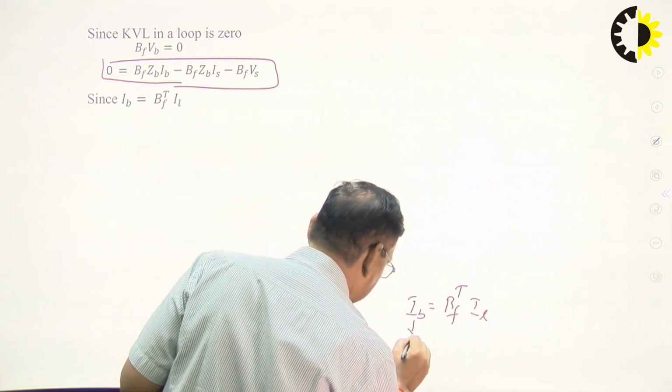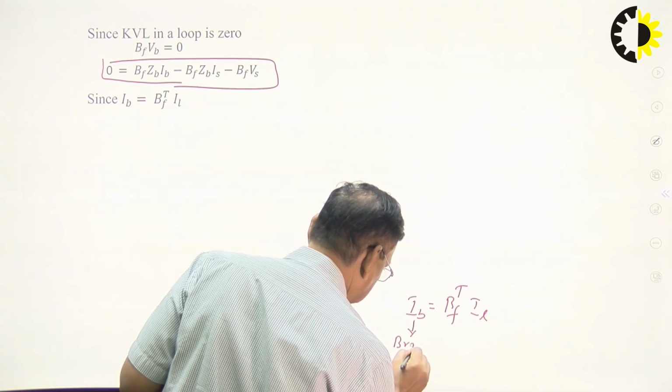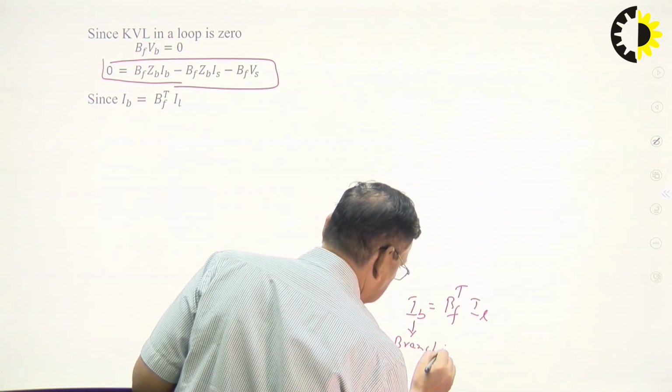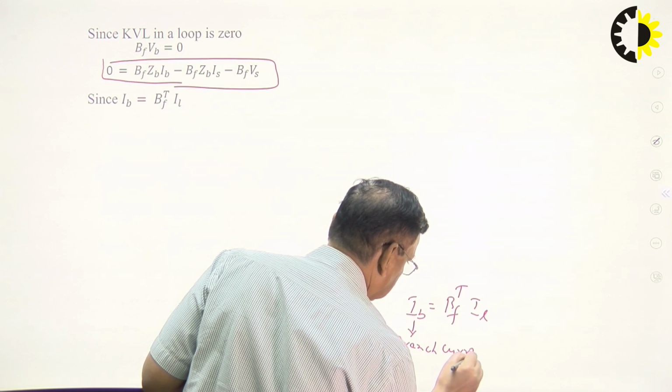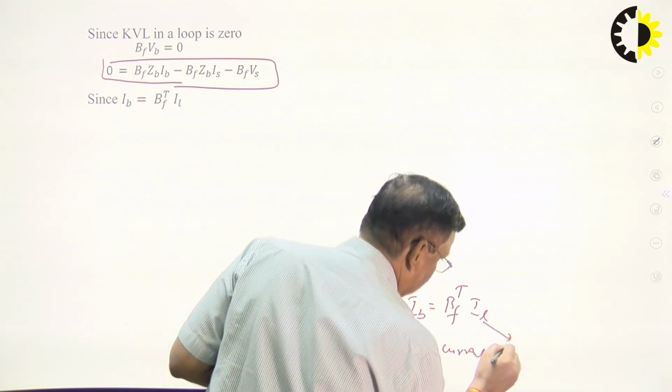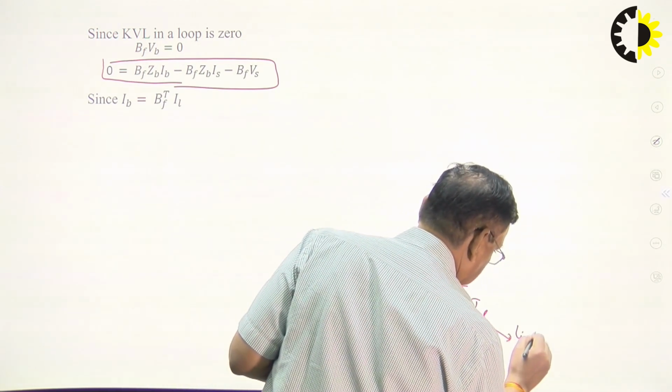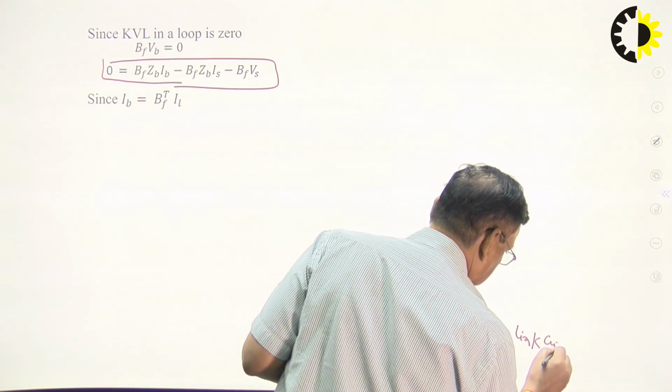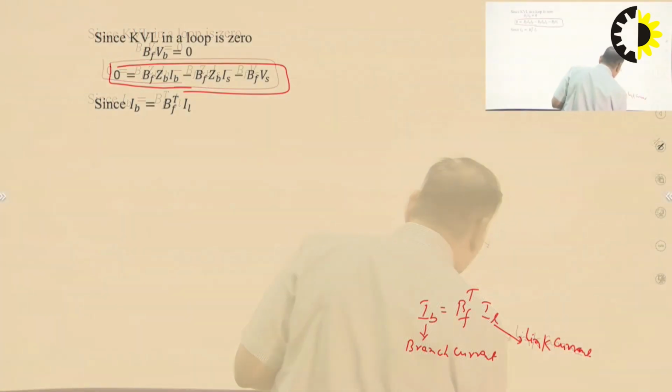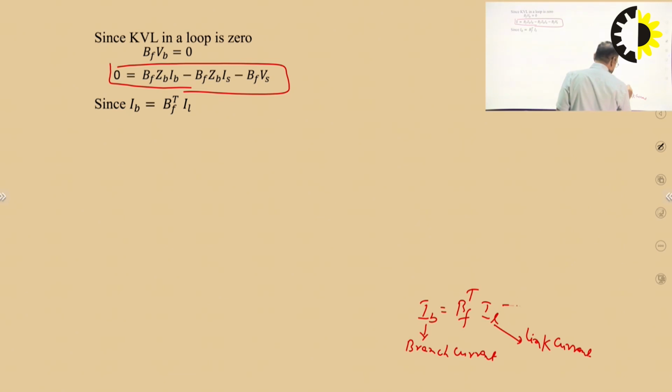This is the branch current, and this is your loop current, the relationship between branch current and link current.